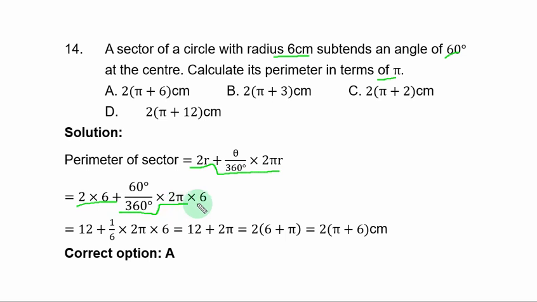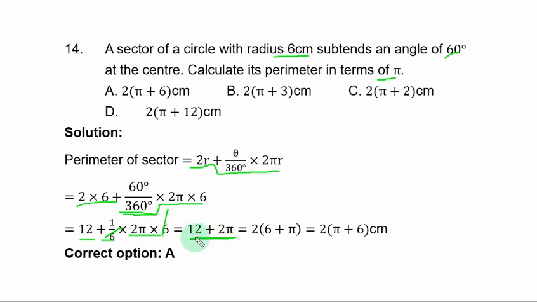So 2 pi times 6. 2 times 6, you have 12. If you reduce this term, you have 1/6 times 2 pi times 6. So 6 cancel 6. You are left with 12 plus 2 pi.